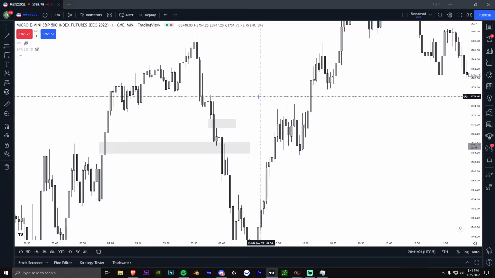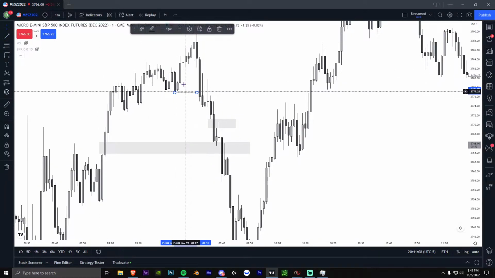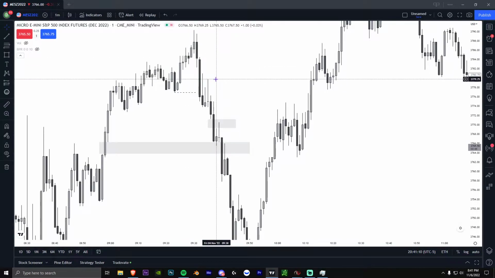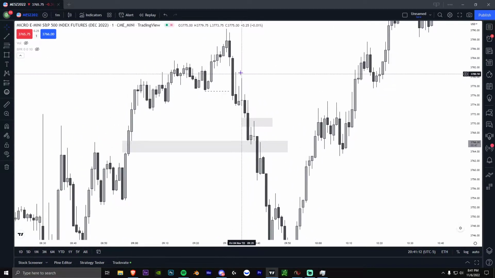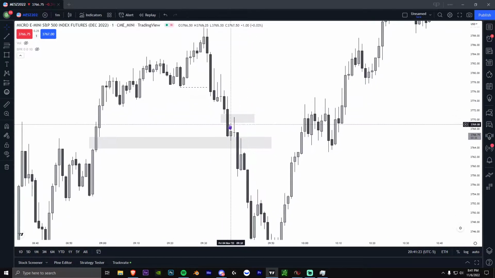Second of all, you can see that we retraced here after having a market structure shift right here. So this was telling me that there were shorts accumulating a short position rather than we just dump and then we bounce. So I could see there are shorts accumulating in the retracements, so that made me more bearish. We had the market structure shift, and on this we formed this bearish fair value gap right here.